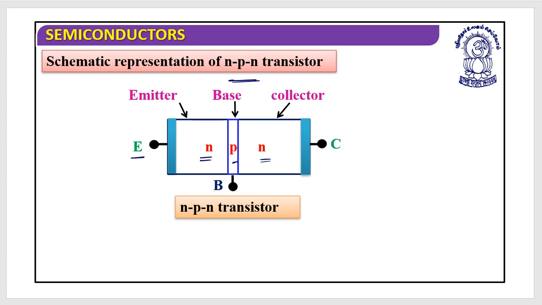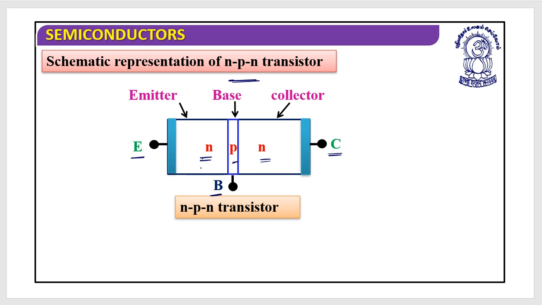This terminal is known as the emitter, this is the base, and this is the collector. As you can see, the base, as we have discussed, is very thin, so it is very small in dimensions, while the emitter and collector are larger in size.